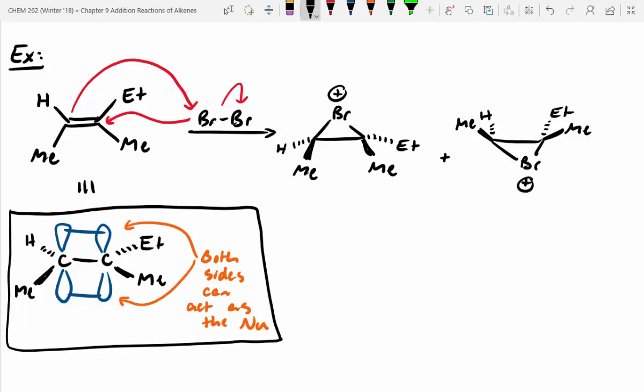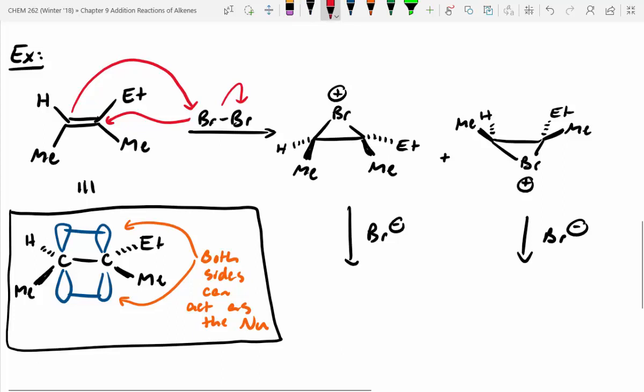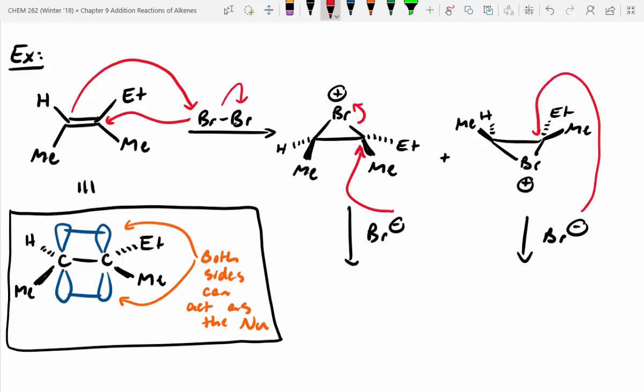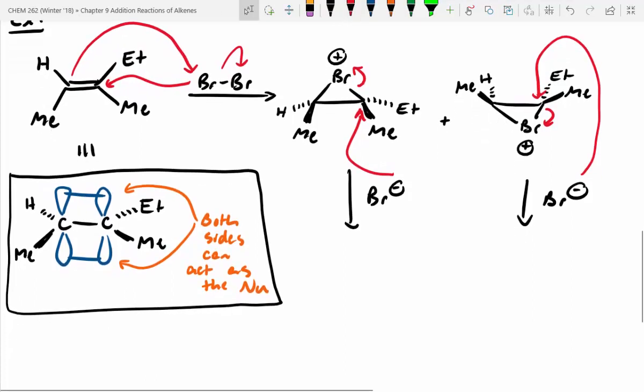And then in the next step, we can react either of these enantiomers with our bromide. And this bromide can attack either side. It doesn't really matter. Slingshot this open, but it's important to remember that it does go through the three-membered ring. The bromines are going to add anti to one another.